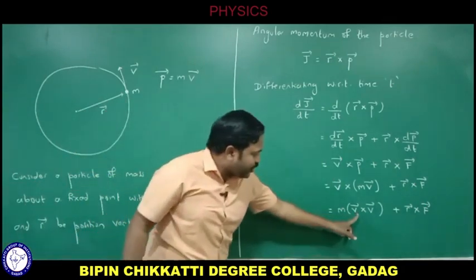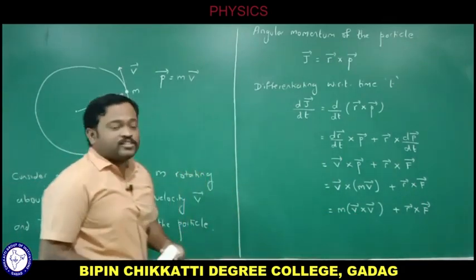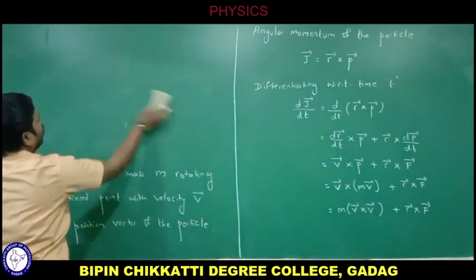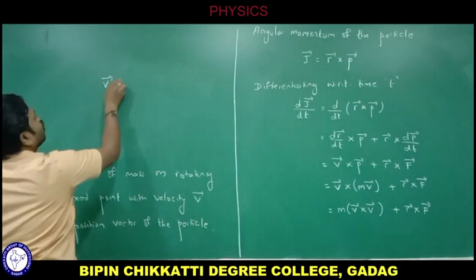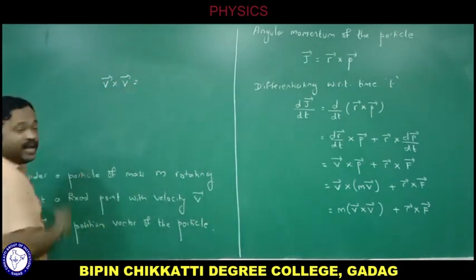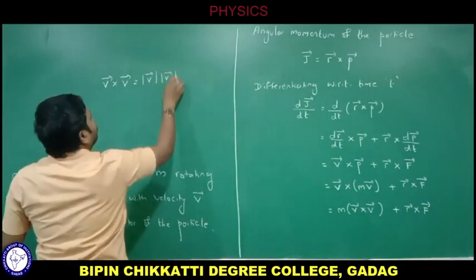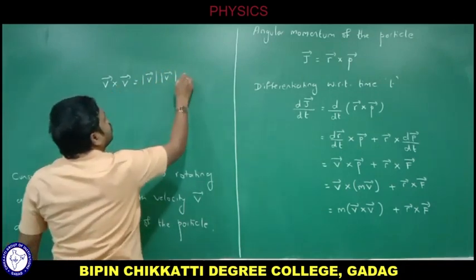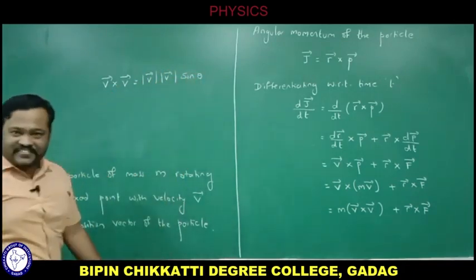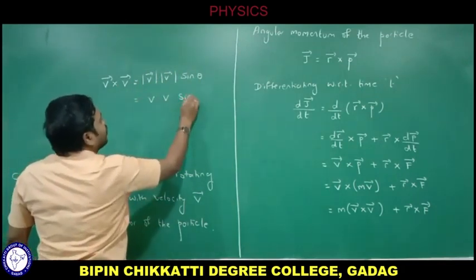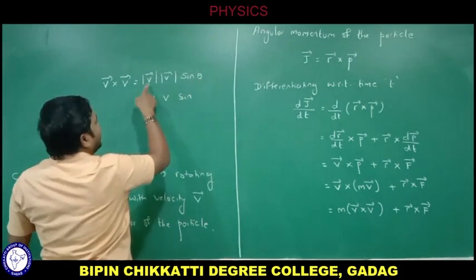First of all, you need to understand what is the value of v cross v. Do you understand? This is the a cross b formula. What is a cross b? Modulus of a, modulus of b, sin theta, since it is cross. This is nothing but v into v sin theta. What is theta? Theta is the angle between a and b.